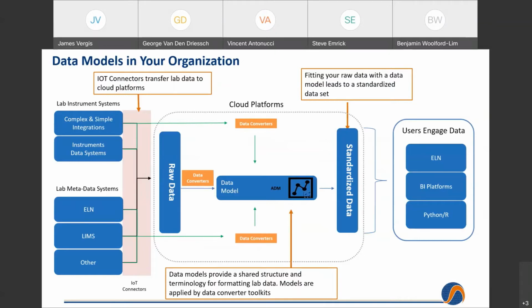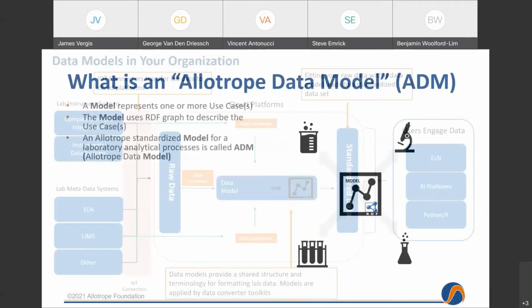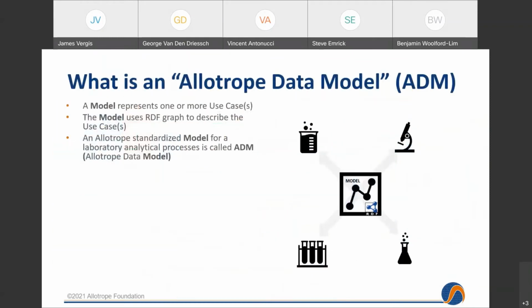So what is an Allotrope data model? An ADM represents one or more use cases across the lab. And these use cases use RDF graphs to describe them. So it's taking a collection of terms, instruments, and processes that support an analytical process and fitting it all into a centralized model.